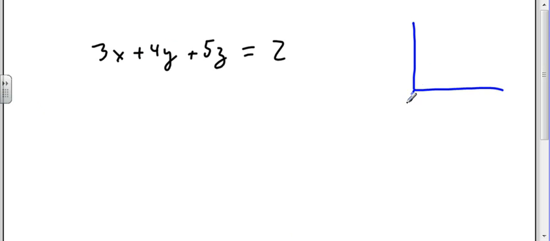Okay, so I got 3x plus 4y plus 5z is equal to 2. What's that the equation of? There's x, there's y, here's z. When y and z are both 0, then x is going to be 2 over 3.